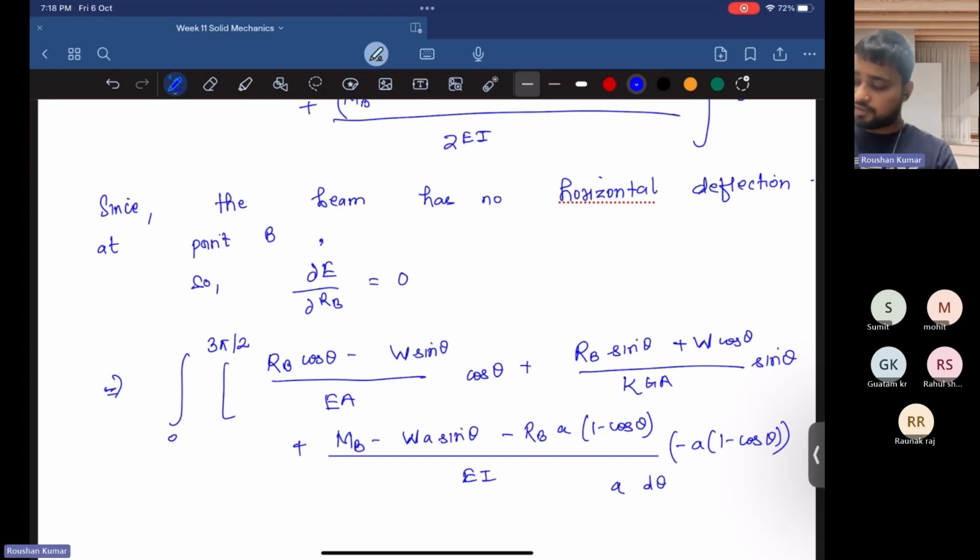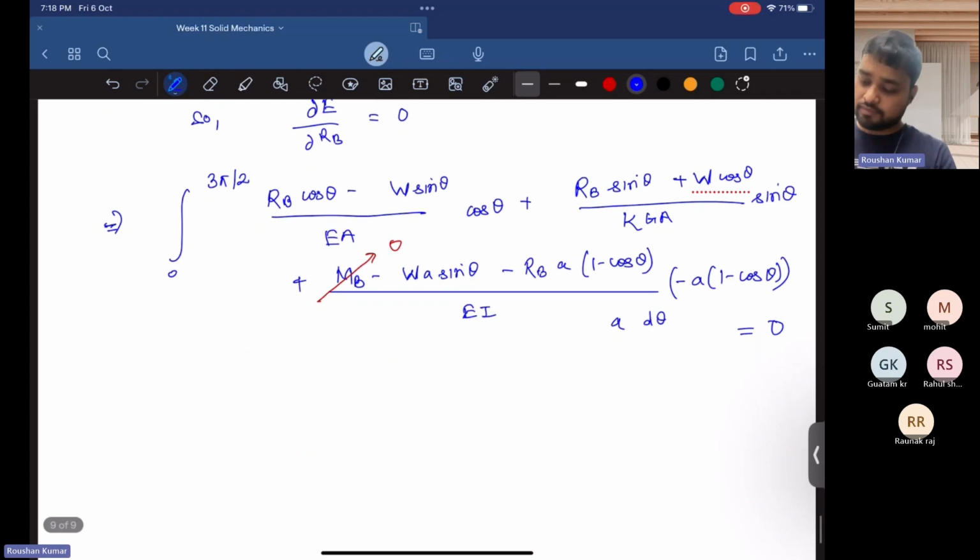So this is the total integration, and that must be equal to 0. Here also, because we have taken the derivative, MB is the dummy moment at B, so it's 0.